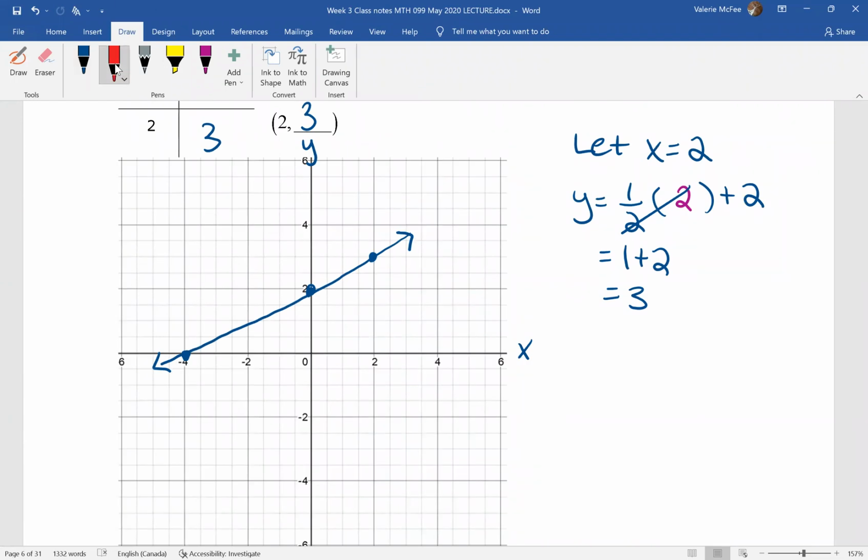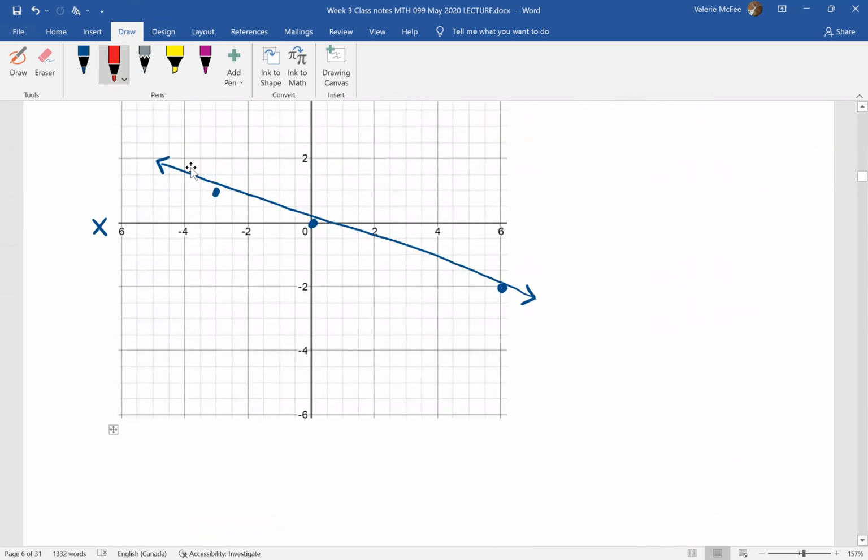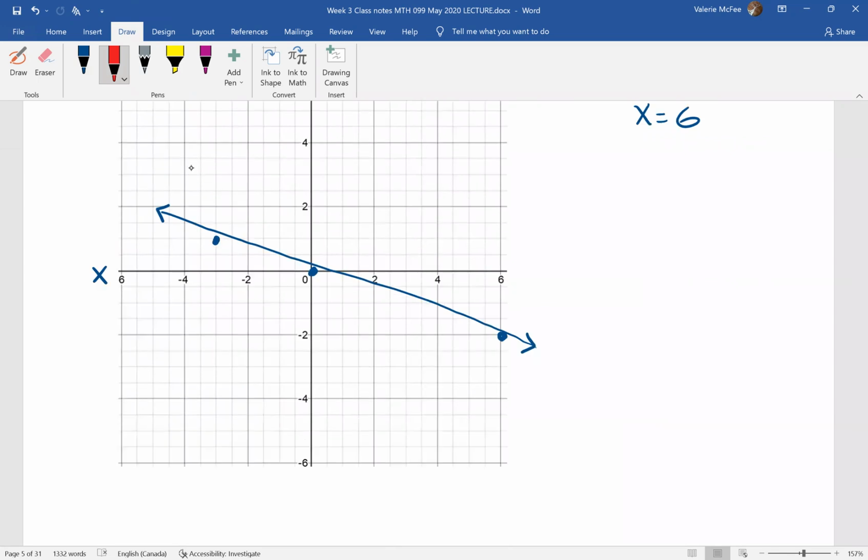This graph has a point on the x-axis. This is known as the x-intercept. It has the ordered pair -4, 0. Let's look at another graph. Here we have our x-intercept.